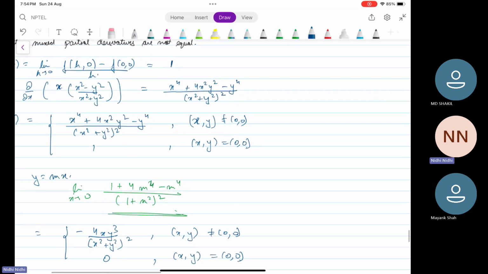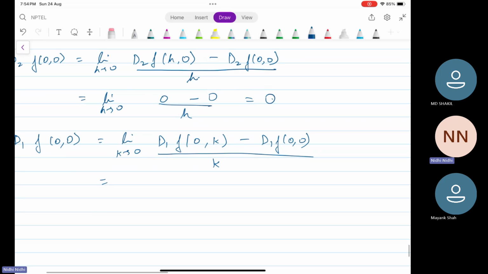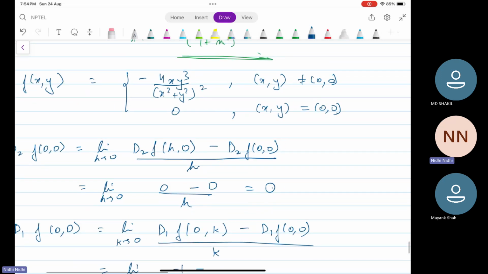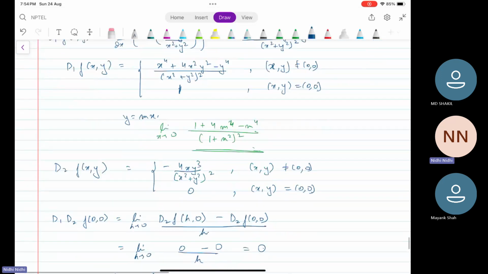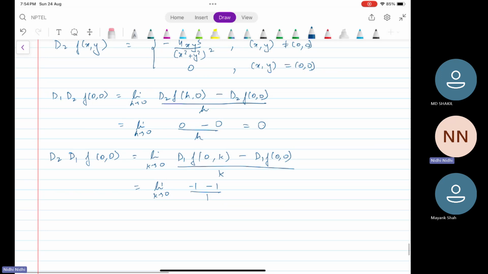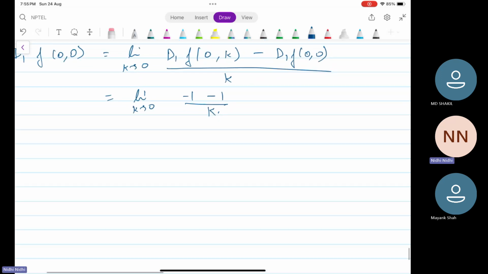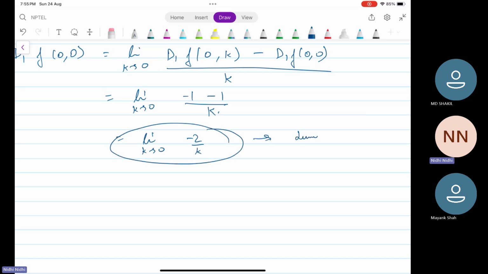If you put x equals to 0 and y equals to k, we'll get minus k to the power 4 by k to the power 4, which is basically minus 1. So this is limit k tending to 0 of (minus 1 minus D1 f at (0,0)) by k, and we evaluated D1 f at (0,0) to be equal to 1. So this is minus 1 minus 1 by k, so this is limit k tending to 0 of minus 2 by k. This limit does not exist.